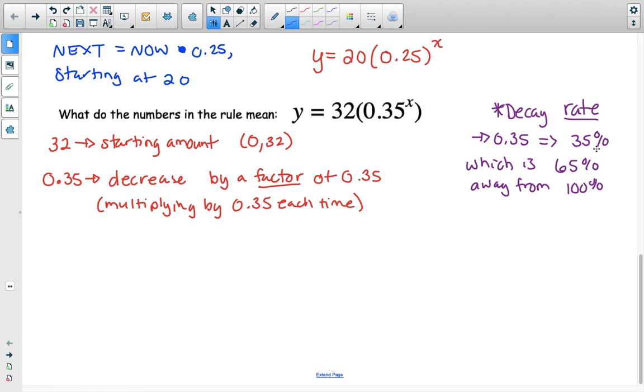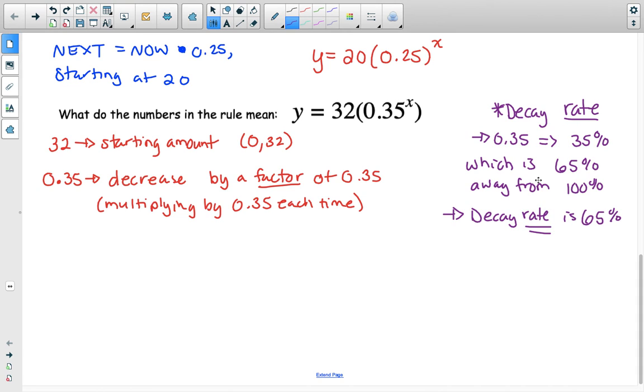So if we take 100, take away the 35, we're left with 65. That tells us that our decay rate is 65%, because it's how far away your factor is from 1, or your percent is from 100%.